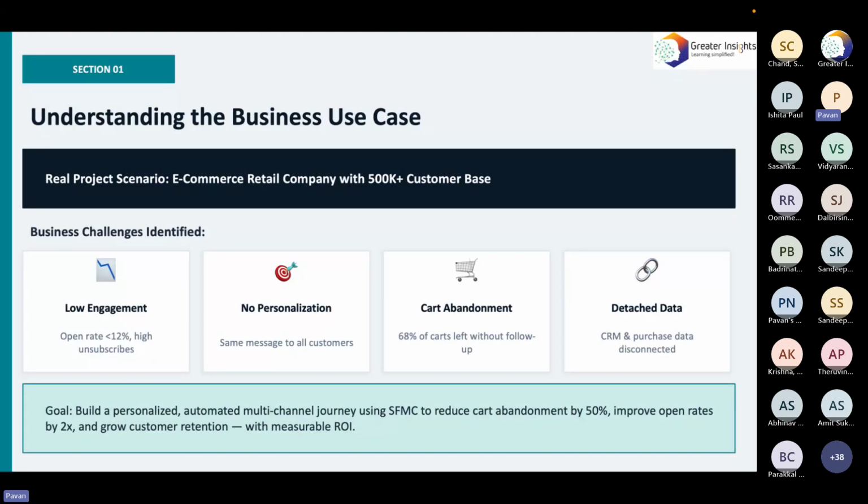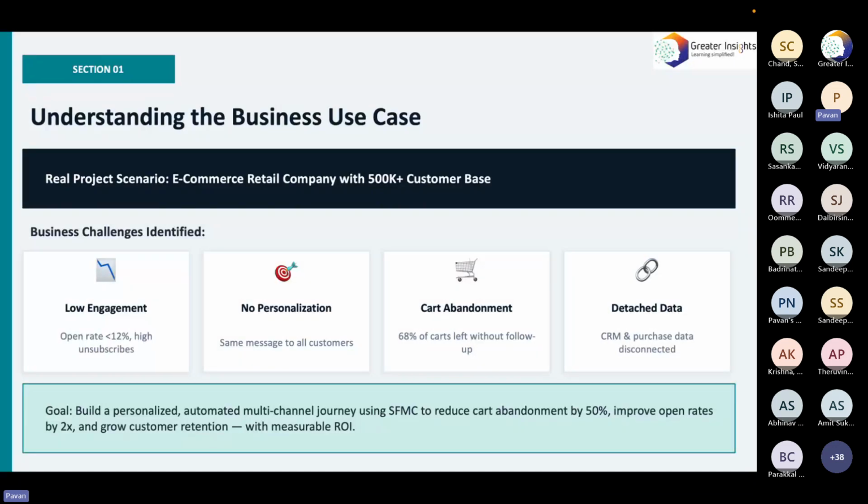Let's assume Pavan is running a company, a retail company or a hospitality company, and he wants more and more customers to come in. That is his use case. The use case could be driven in such a way that helps him get his goal.